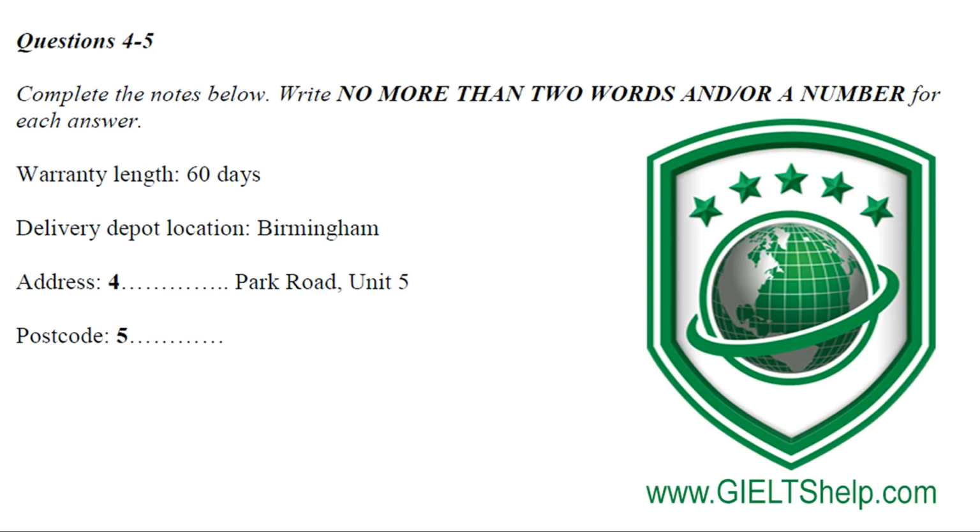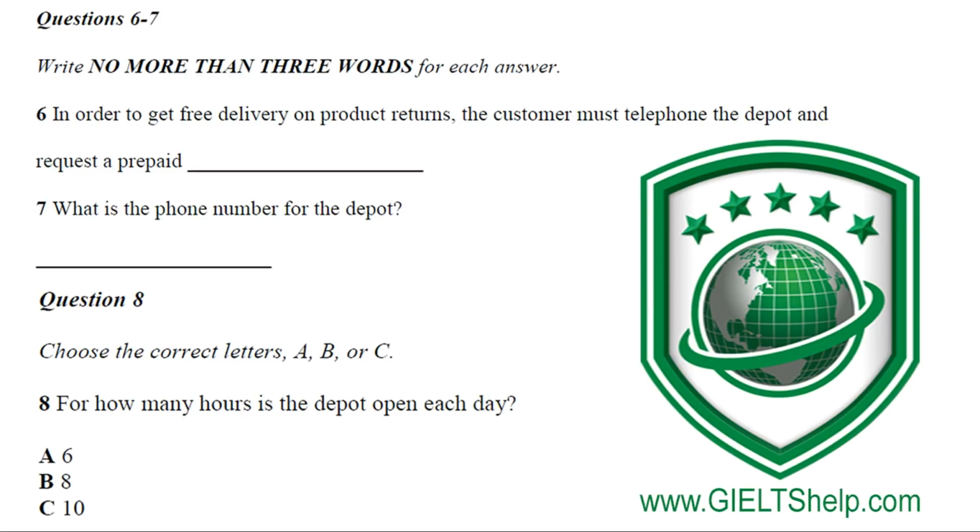The address number is 89 and the unit number is 5. Okay, so 89 Edgbaston Park Road, Unit 5. That's right. And the postcode is B152RU. B152RU? That's right.